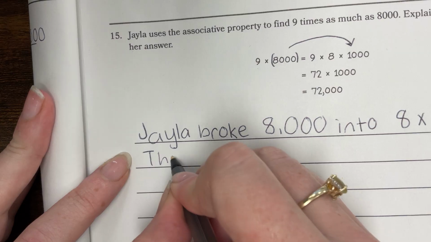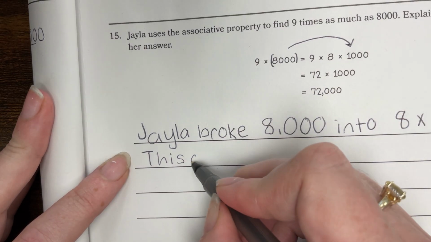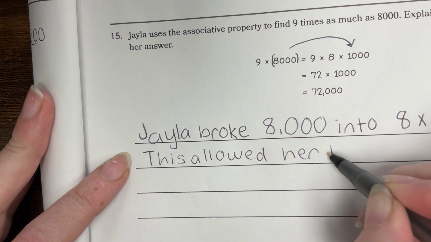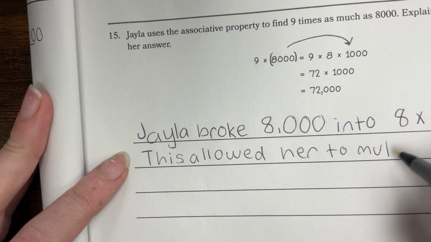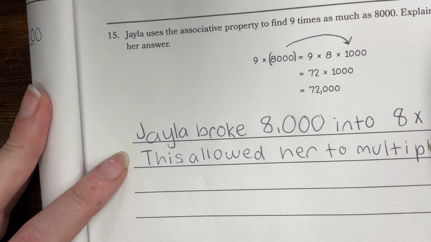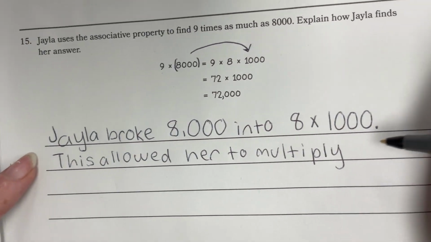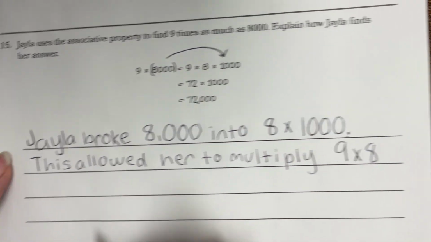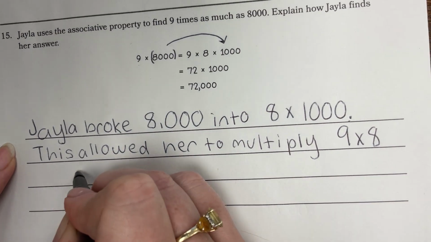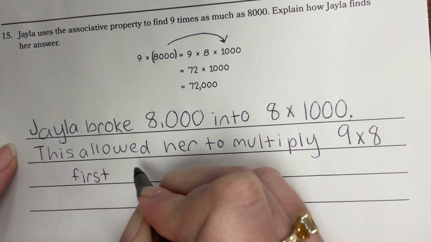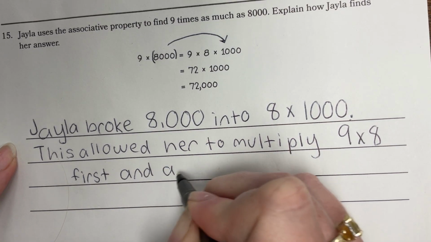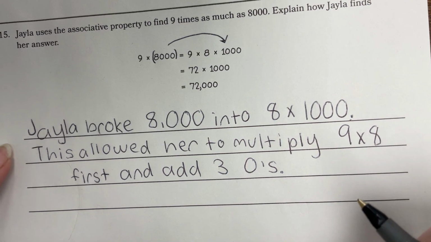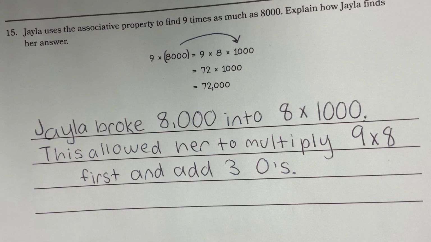This allowed her to multiply 9 times 8 first and add 3 zeros. Really, it's attach 3 zeros to the end.